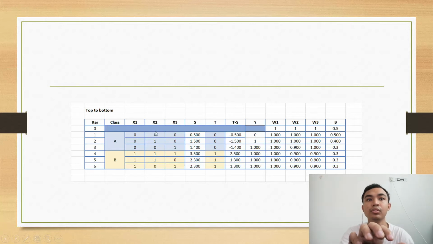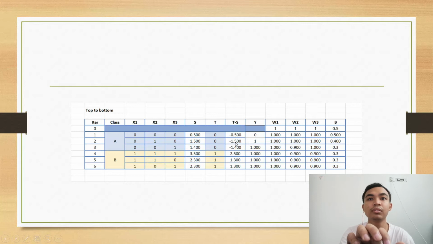So next we go to the second row, which is 0, 1, 0. The summation we get is 1.5, and then 0 minus 1.5 we get negative 1.5.